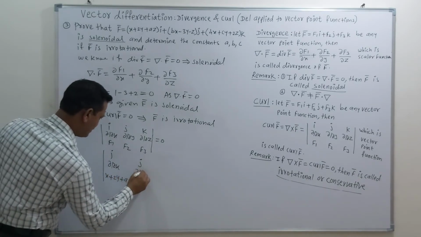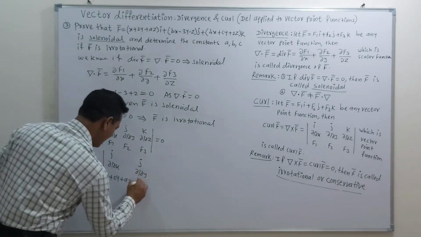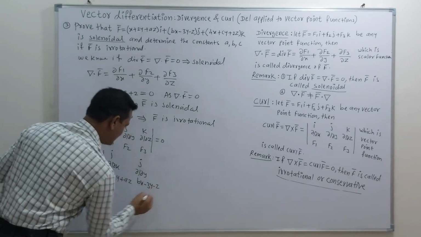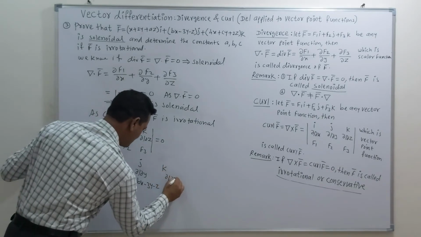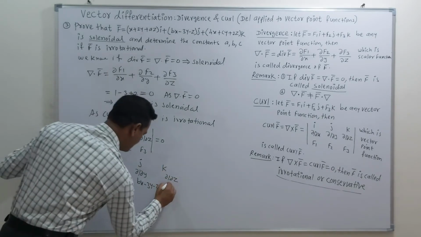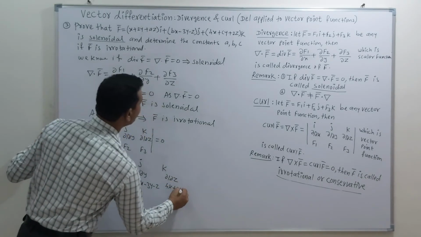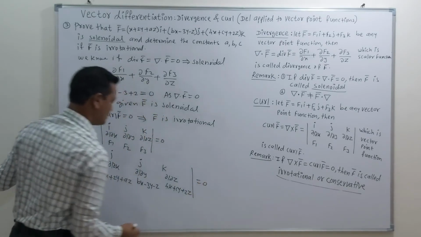Then j, partial derivative with respect to y of f2, which is bx minus 3y minus z, and k, partial derivative with respect to z of 4x plus cy plus 2z, and this determinant is equal to 0.